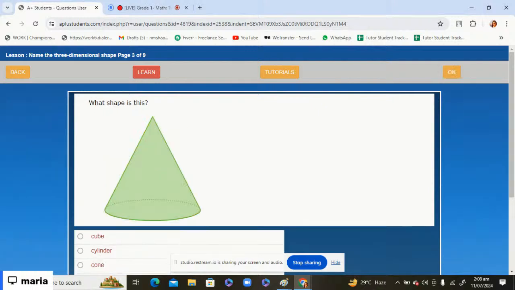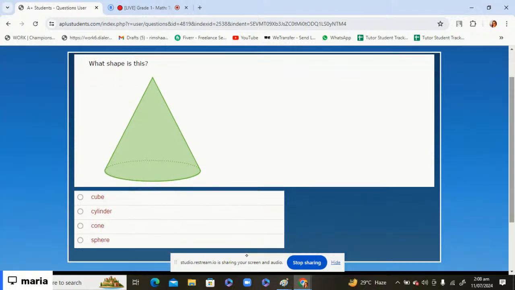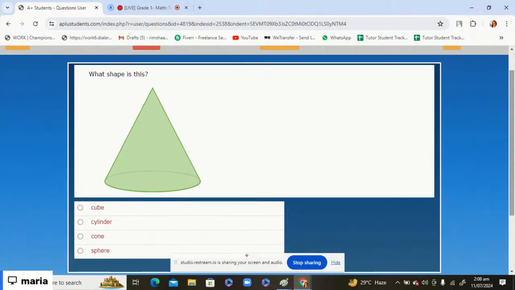Okay, now you guys tell me, what is this answer? Is that a cube? Is that a cylinder? Is that a cone? Or is that a sphere? Check everyone and then tell me the answer. This is so easy. Everyone, please tell me the answer of this one.